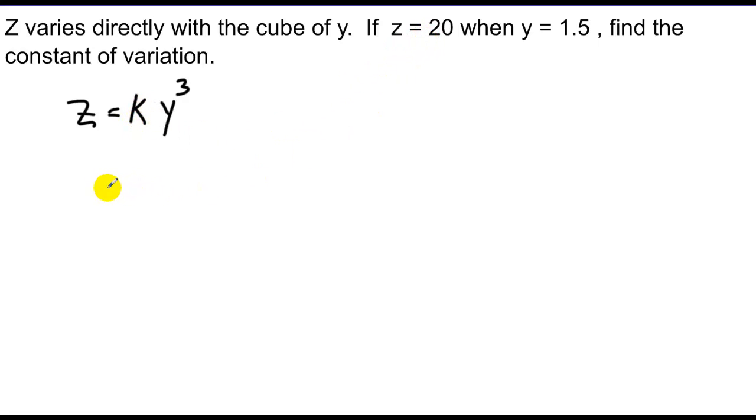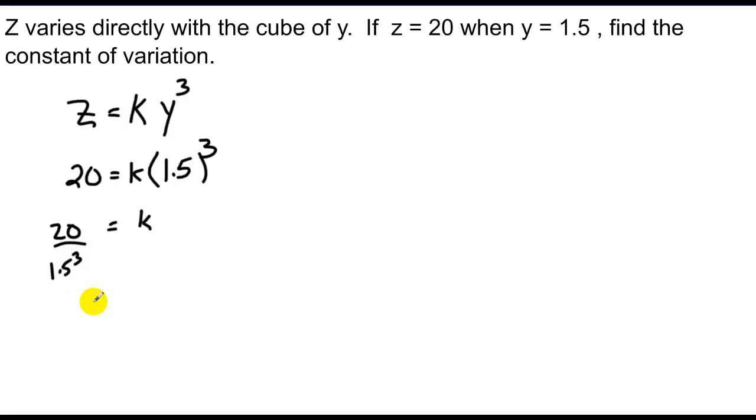They give us values of z, which is 20, unknown of k, and y is equal to 1.5, but we're going to cube that. So then we divide both sides by 1.5 cubed, and let's just approximate this answer to about 5.93.